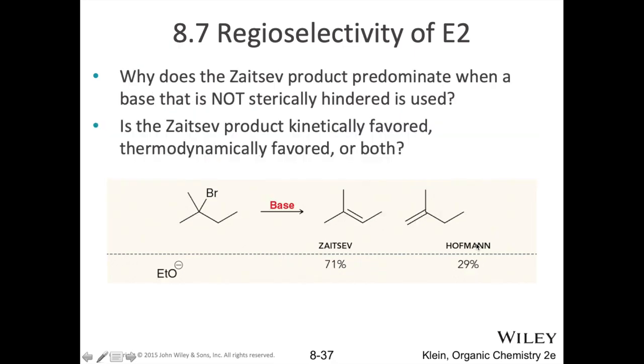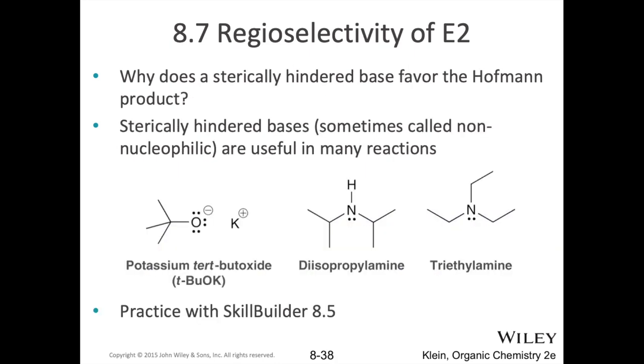Okay, so think about why that's the case, right? So why does a smaller base prefer the Zaitsev product? Why does a bulkier base prefer the Hofmann product? Okay, so think about the transition state and go from there.